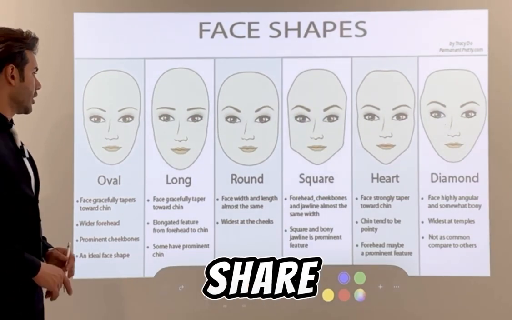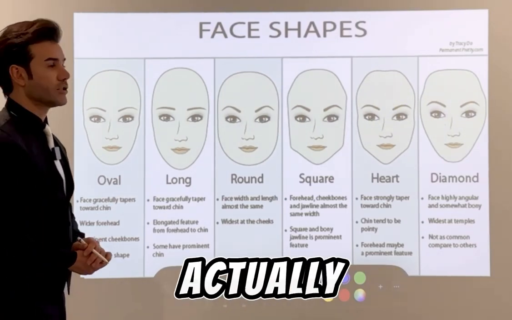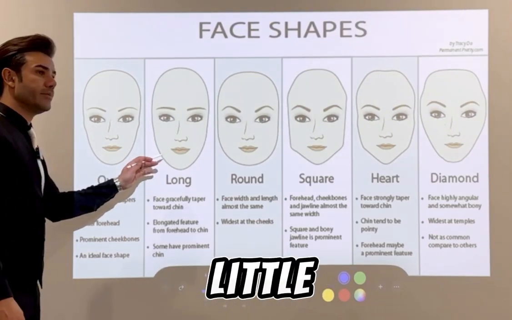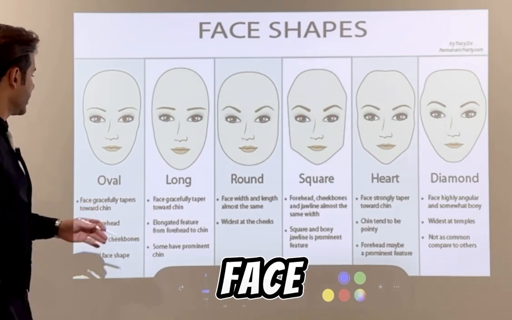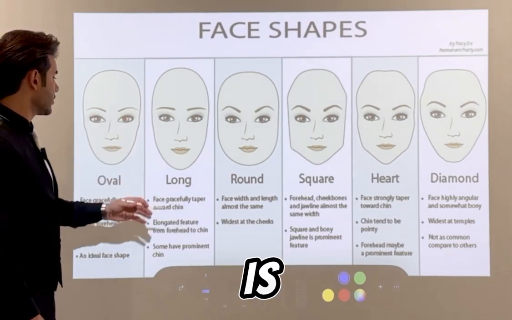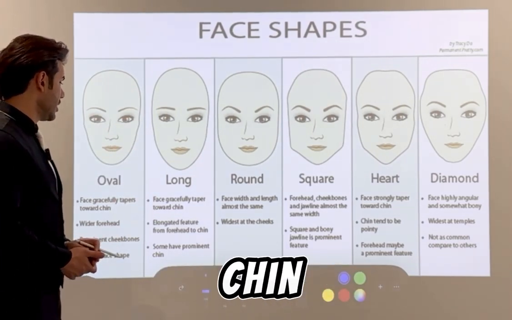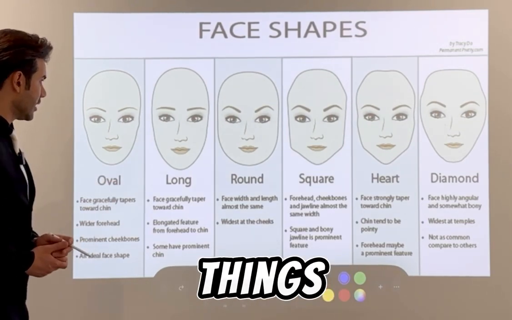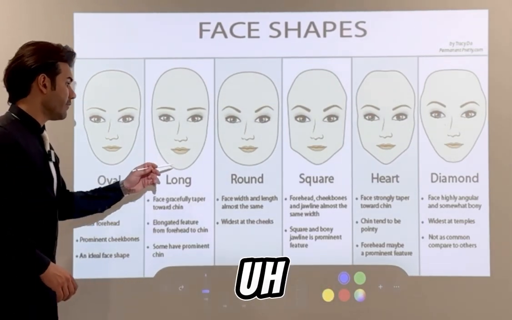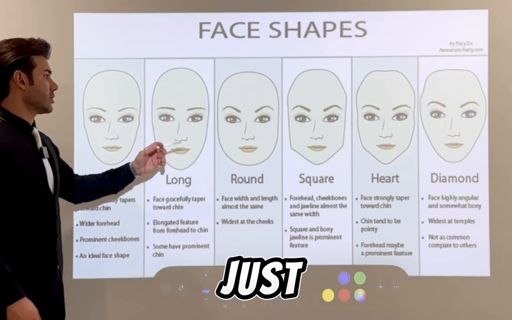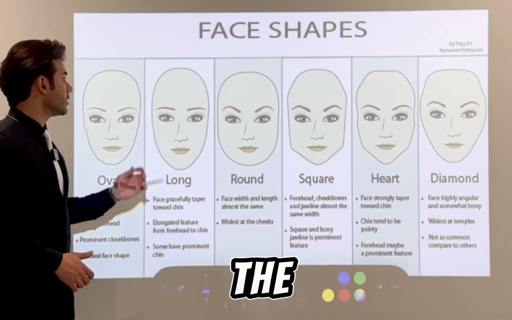The next face that I want to share is the long face. Actually, this long face is a little bit similar to the oval face, in which the face is gracefully tapered toward the chin. The only difference is that the face is longer. Just now I was talking about the numbers.